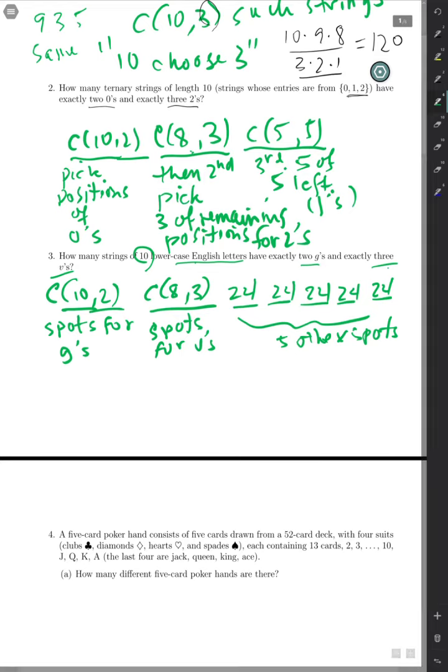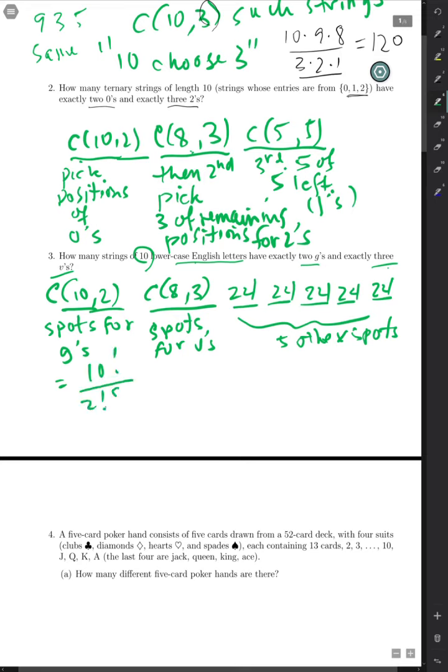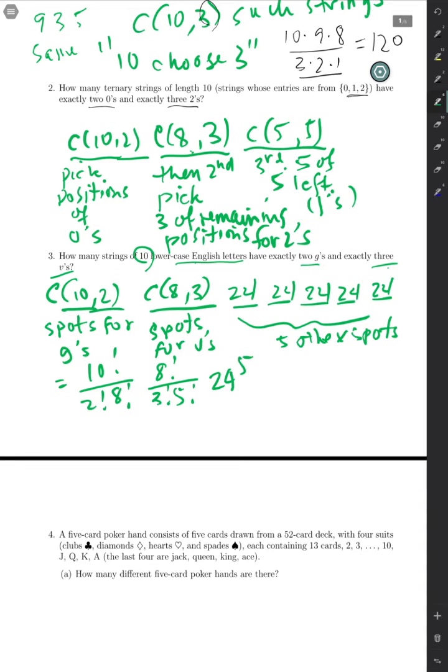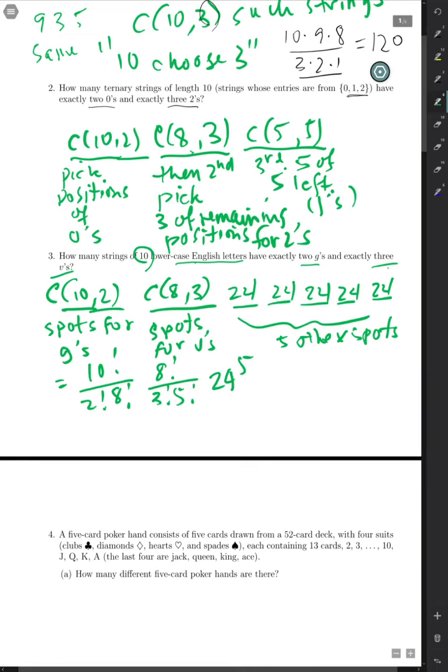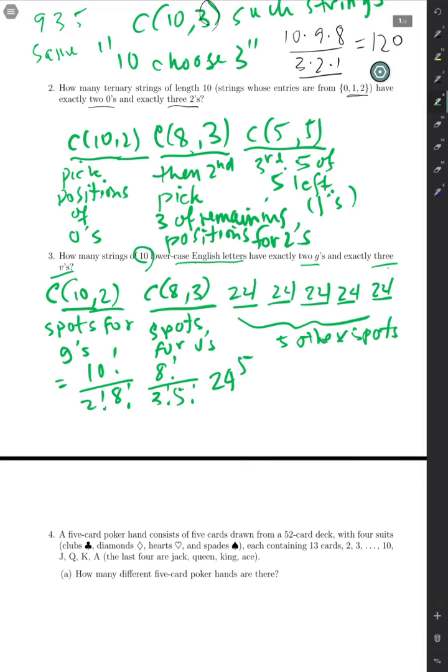And if we wrote this out, this would be 10 factorial over 2 factorial 8 factorial, times 8 factorial over 3 factorial 5 factorial, and then 24 to the 5th, just to illustrate the factorial way of writing that out. We could have done the same thing in the one above, and I'm inclined to go back there to show you something.